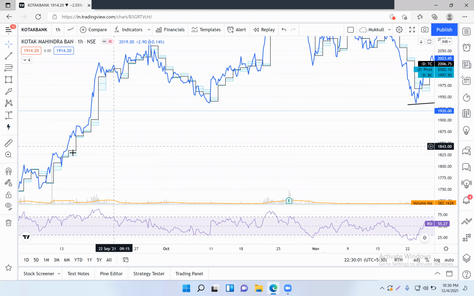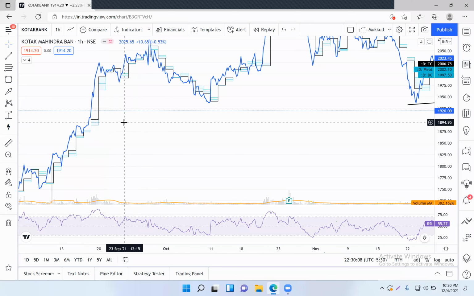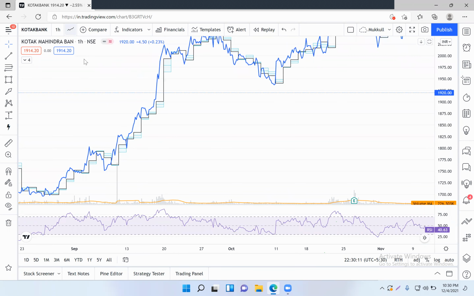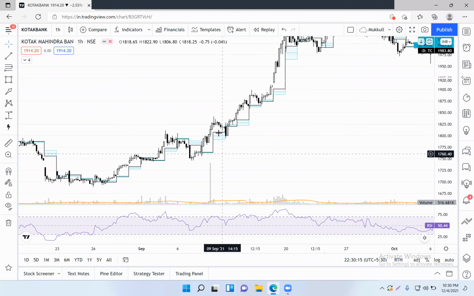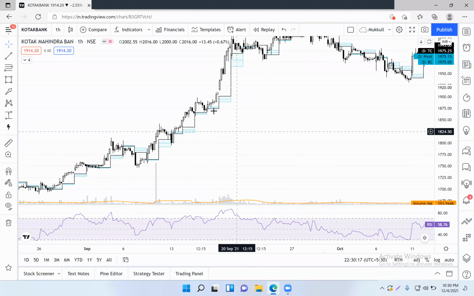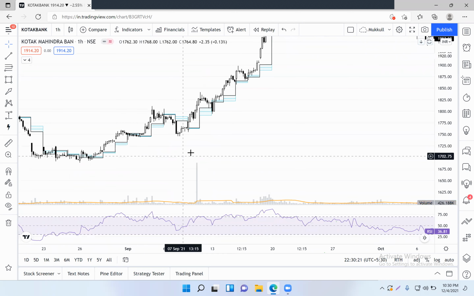These are all supports where Kotak can come now. If 1940 is not taken up, Kotak can come here and here, because all these are virgin CPRs. Check it out. Virgin, virgin. Two virgin CPRs are spotted. Then this is your 1710.